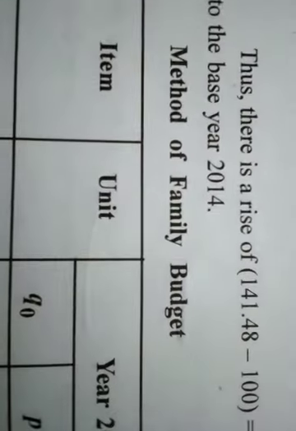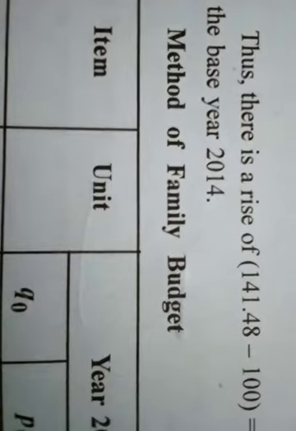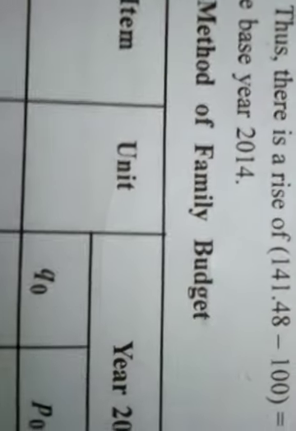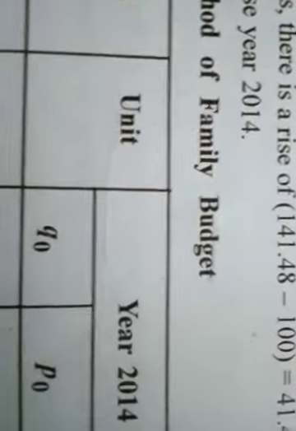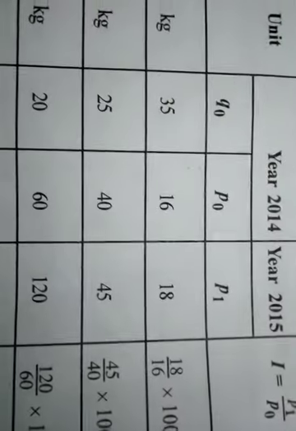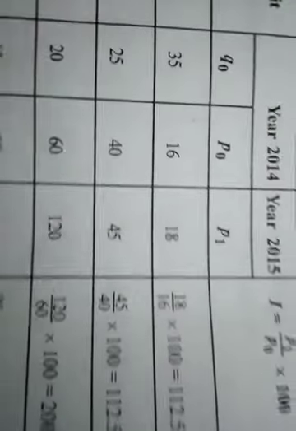Now, according to the second method, family budget, we have sigma IW upon sigma W. That is the formula. Here, Q is given, P0 is given, P1 is given. These are all available. So now we will work it out.